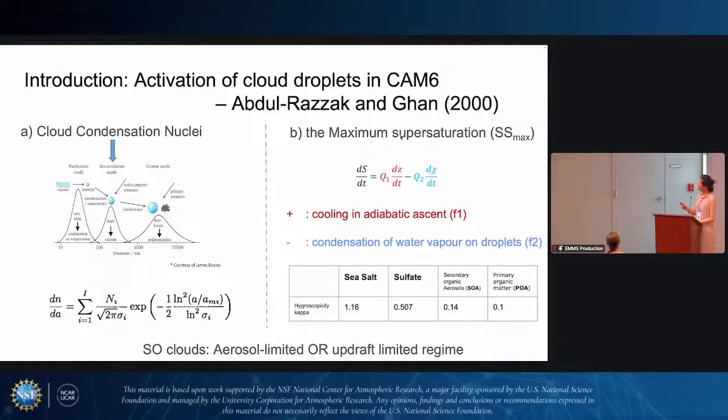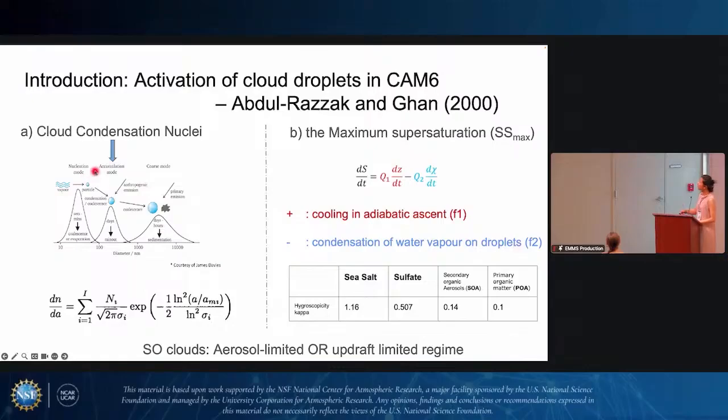So, a quick introduction. Essentially, it's about water vapor condensed on the aerosol. Aerosols are parameterized by type: sea salt, sulfate, secondary organic, primary organic matter, and then by size: Aitken mode, accumulation mode, and coarse mode.